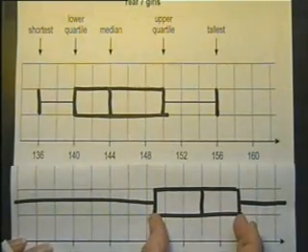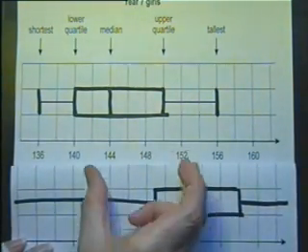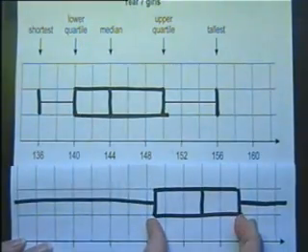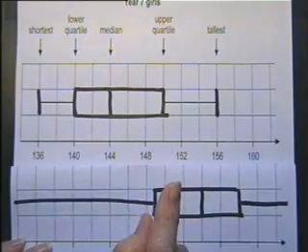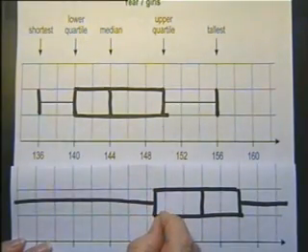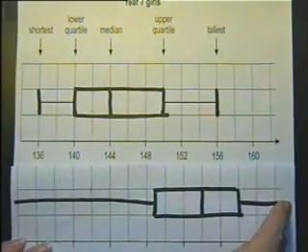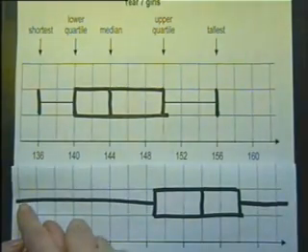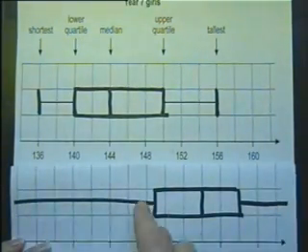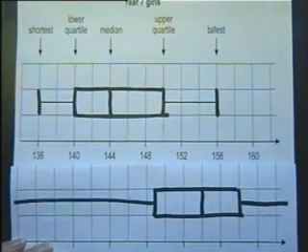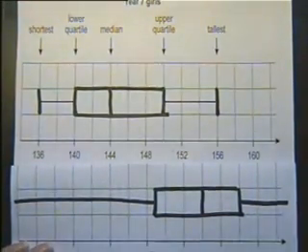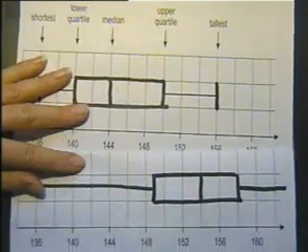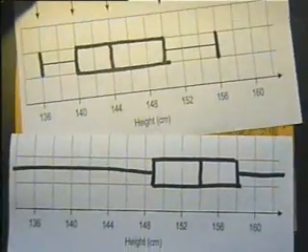The spread, the interquartile spread, is very much the same, if not exactly the same, but the main comment you can make is that the overall spread from the smallest, the shortest to the tallest is far greater. The idea is to make some comparisons and some comments, and that would be my comments.